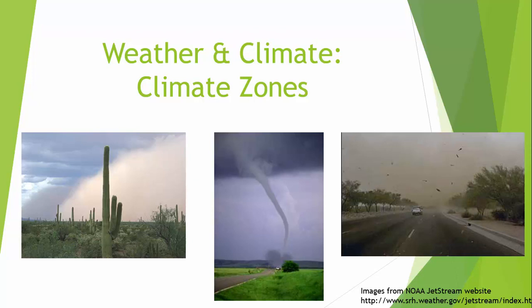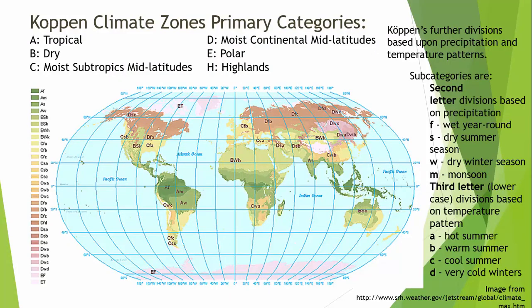We put all of the information we've learned together and talk about climates and generalizations about climates in different parts of the world, that leads us to climate zones. And there's a number of different ways to categorize climate zones. A very popular one is the Köppen climate zones, and the 6 primary categories are listed here.